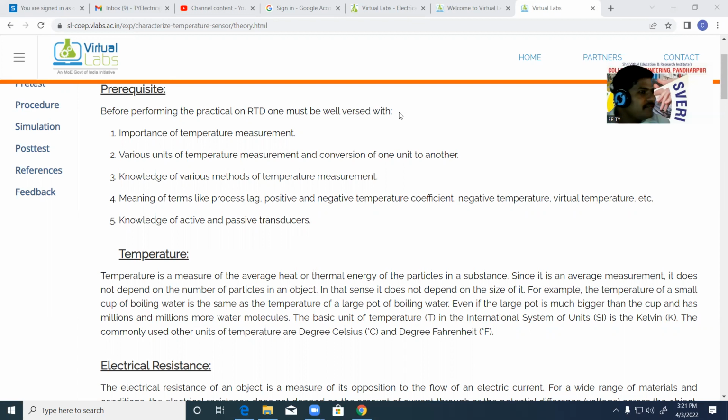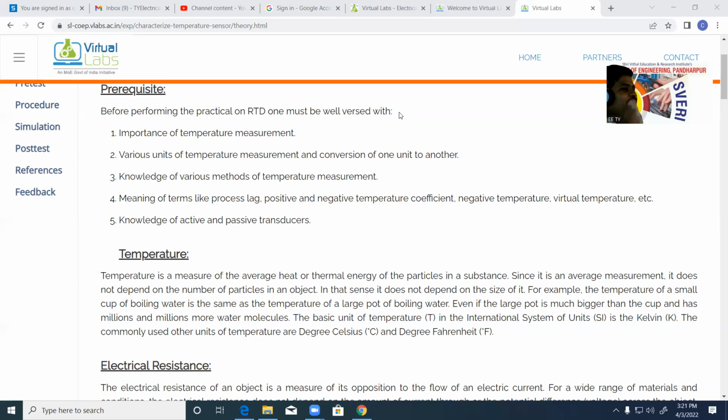Can it be the same? The temperature of the cup of water is suppose 50 degrees Celsius, and the pot of water is also 50 degrees Celsius. But their molecule quantity will be different. Here it is 1 liter, here it is 1 milliliter. The temperature can be the same.